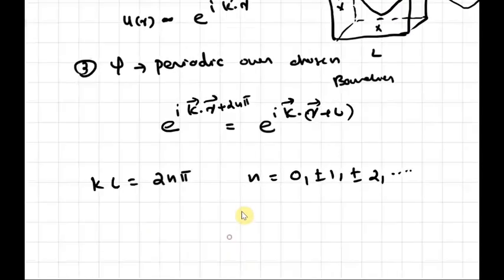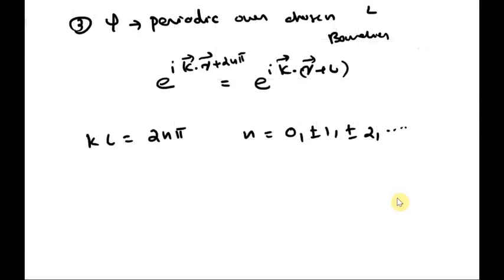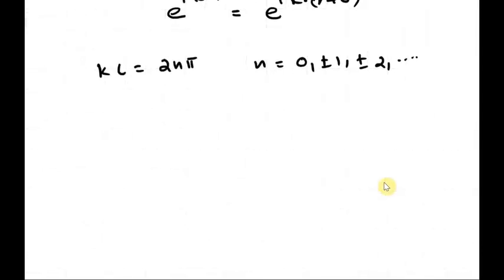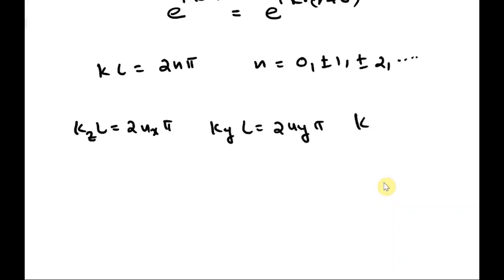This is a general picture, and you can have the restrictions in x, y, z separately: kx L equals 2 pi nx, ky L equals 2 pi ny, kz L equals 2 pi nz, where nx, ny, nz can all take the possible values 0, plus or minus 1, and so on.